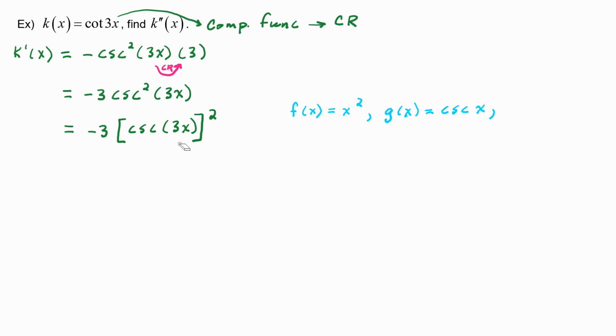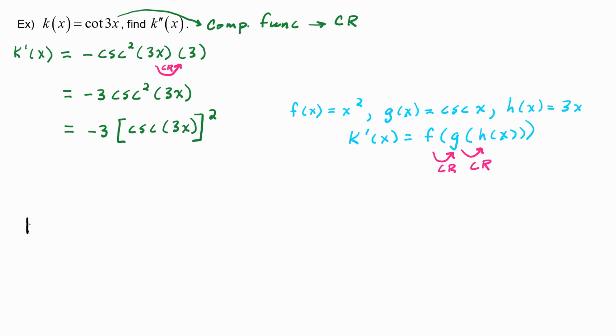And then finally, living inside the cosecant, we can say h of x is equal to 3x. Then k prime of x is equal to f of g of h of x. So from every level of the composite function to the next one is a chain rule. So that means when you find the derivative of k prime, you're going to be using the chain rule twice.